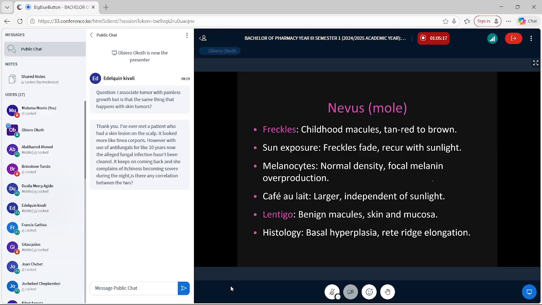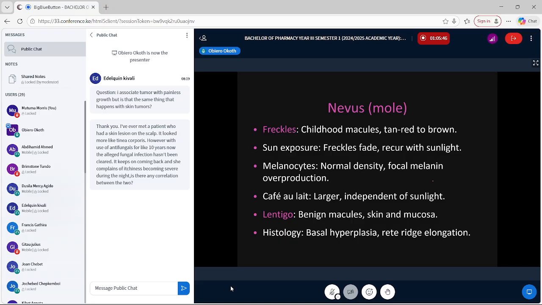If you confirm this is tinea capitis, don't use topical antifungal. Use systemic: give itraconazole, fluconazole, and terbinafine systemic, or give griseofulvin for a much longer time.